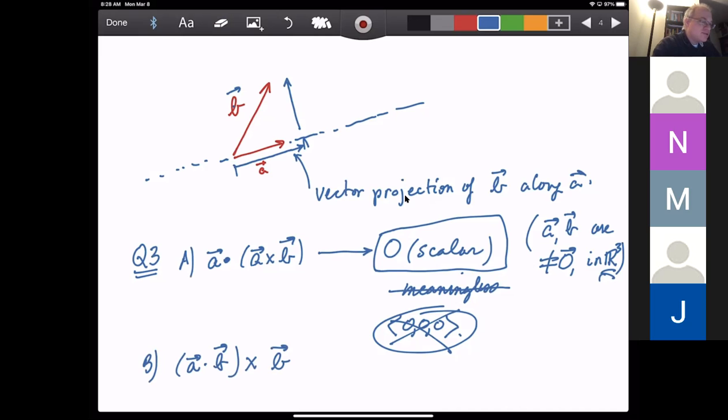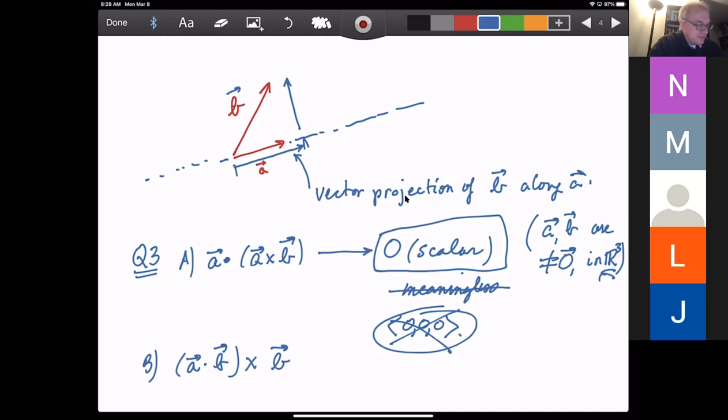So we've got the same choices. Is it meaningless? Yes, and do you want to explain why? So the dot product gives us a scalar, and you can't do a scalar cross product with a vector.